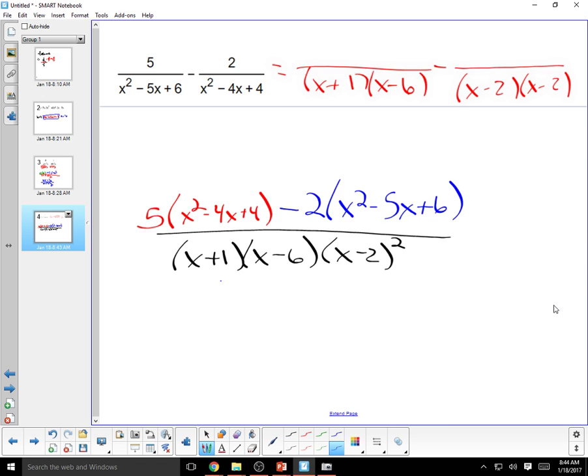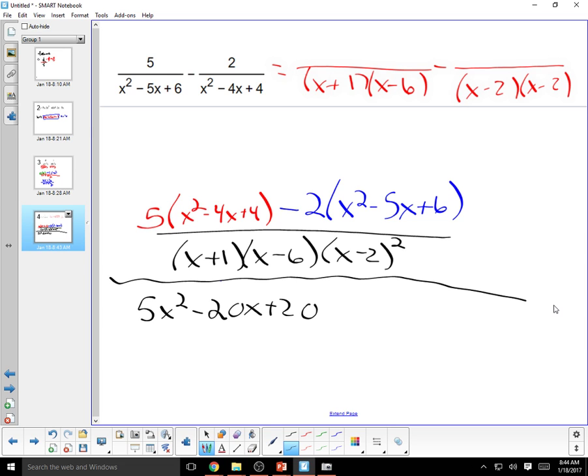Okay? And of course, I'm going to have to simplify everything. So let's go ahead and clean that up real quick. That is going to be 5x squared minus 20x plus 20 minus 2x squared plus 10x minus 12.